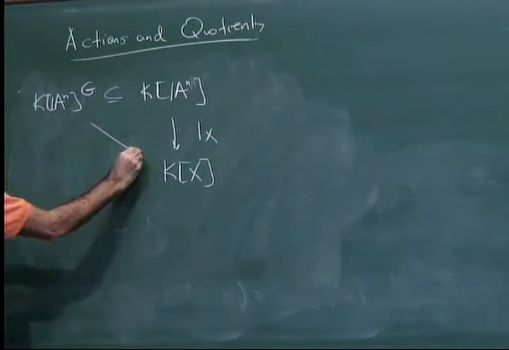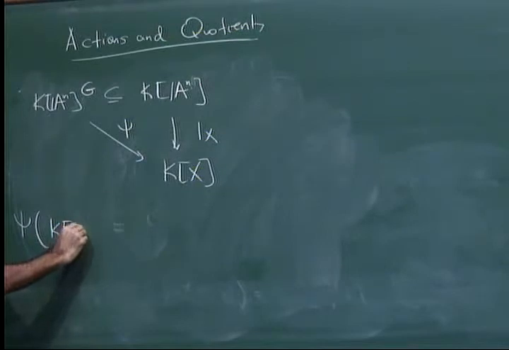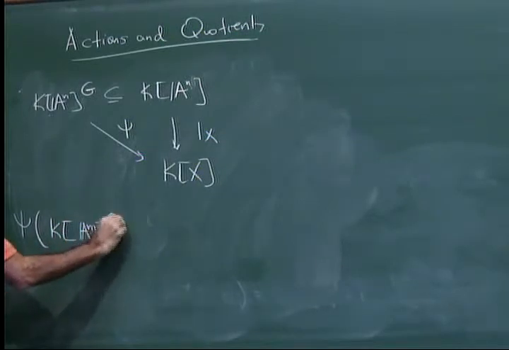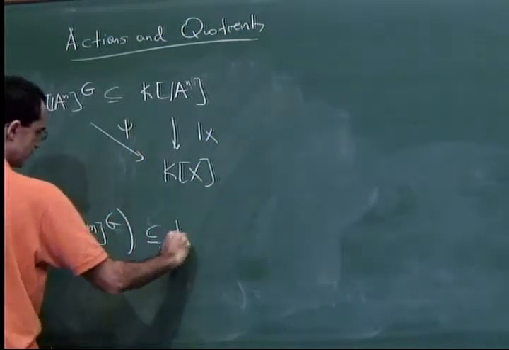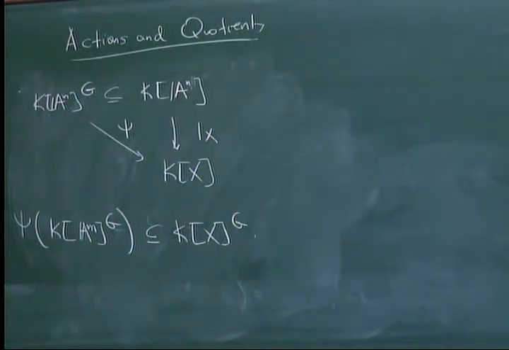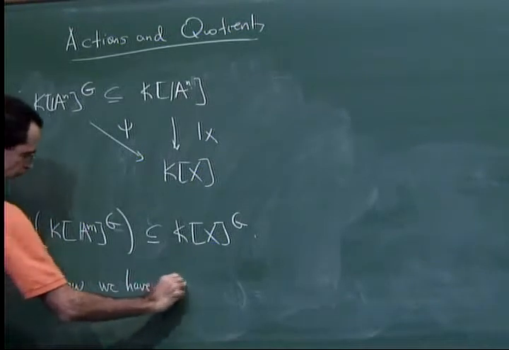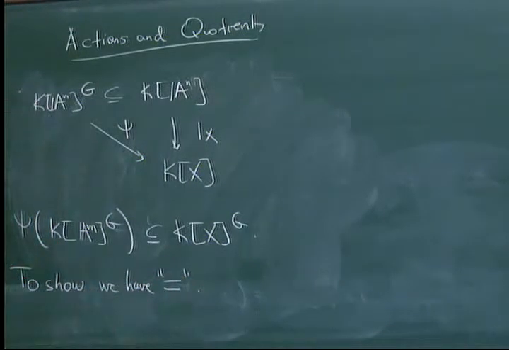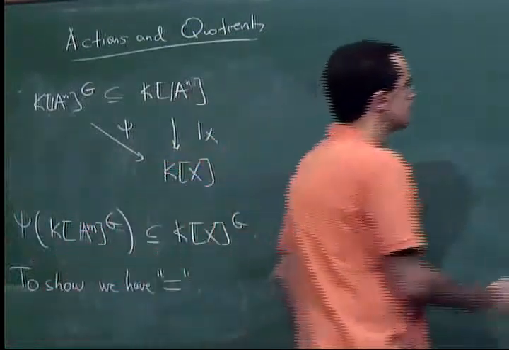Now, if we look at this map here, psi, then it's clear that the image of psi, so if you have a function that is globally G invariant, then it's going to be also in the restriction. So that lives inside the ring of invariants of X. Okay. So now what we have to show is that we have equality. Right? Because if we have equality, the generators here will give me generators here as a K-algebra. So let's show that.